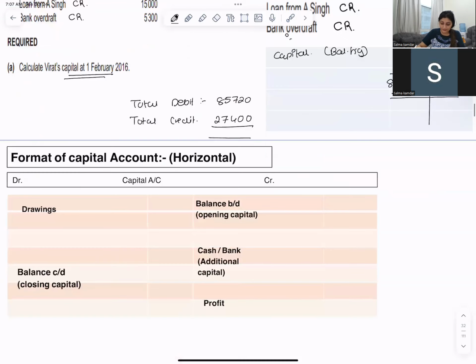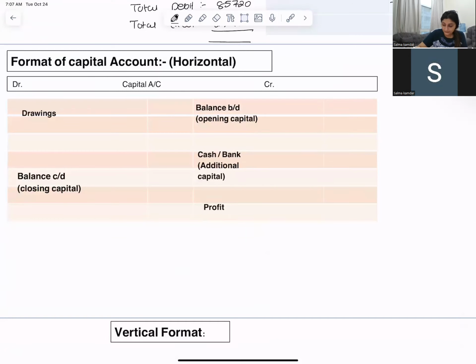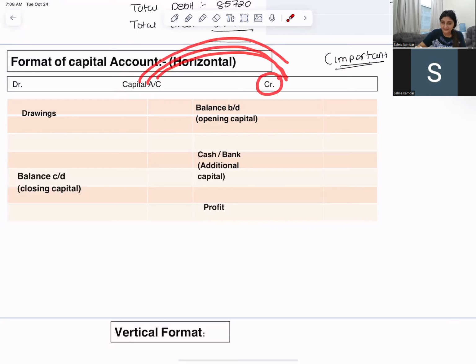Now let's talk about the format of capital account. It is a very important format. C for capital, C for credit.